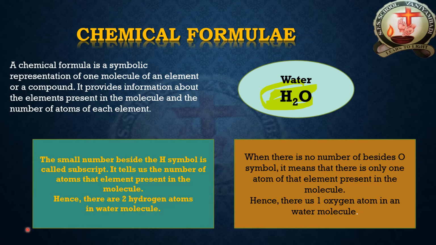Now, how are we going to write the examples? Hydrogen, H2O. H2O is nothing but 2 hydrogen, 1 oxygen. Chemically, hydrogen, oxygen and hydrogen is a correct representation of the water molecule.